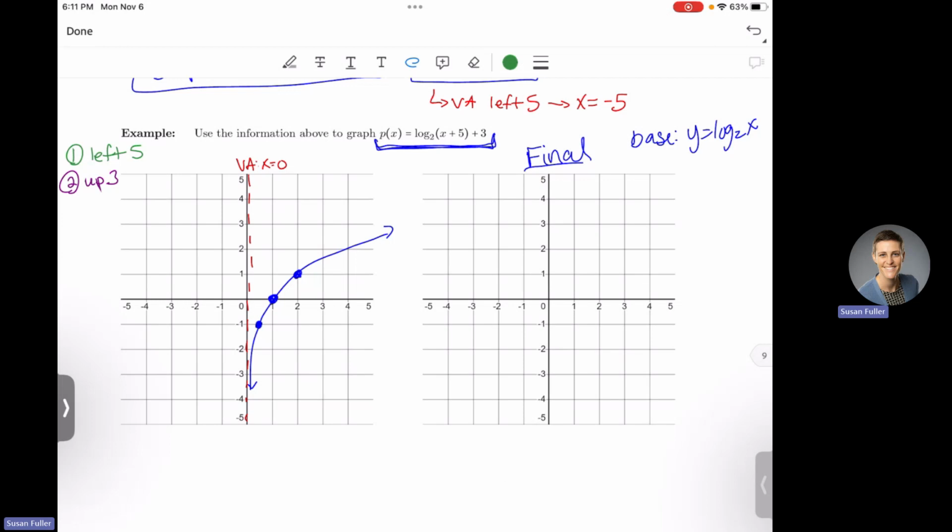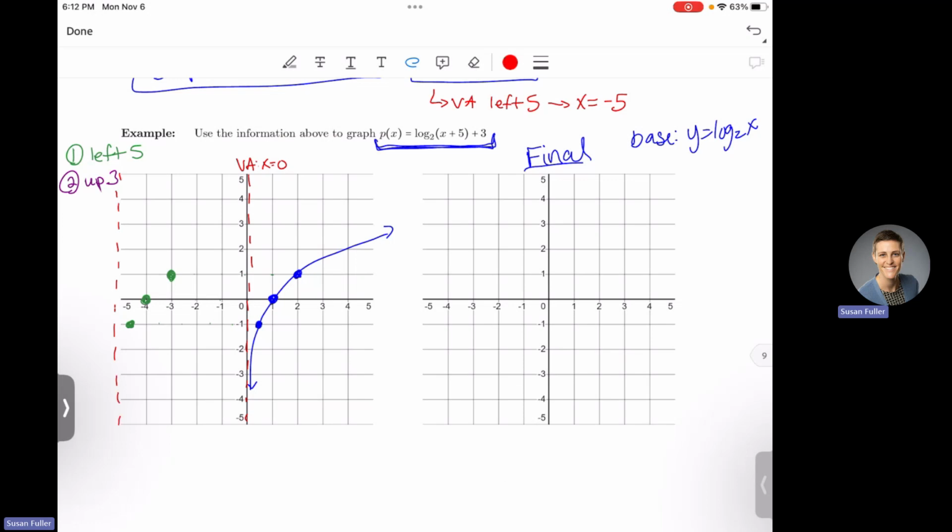So I'm going to take each one of my points and go to the left. 1, 2, 3, 4, 5. 1, 2, 3, 4, 5. 1, 2, 3, 4, 5. And this is where my vertical asymptote is going to shift to the left along with my graph.